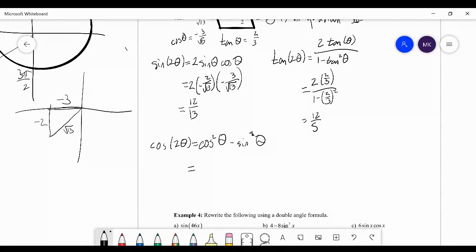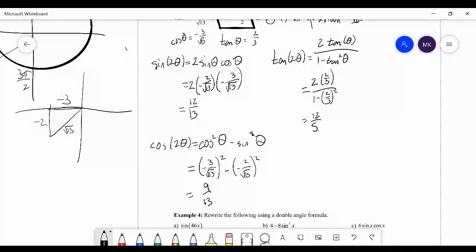So we just plug in the values. We know that cosine theta is negative 3 over root 13. So we get negative 3 over root 13 squared minus sine, negative 2 over root 13 squared. We do some fancy dancy mathematics.